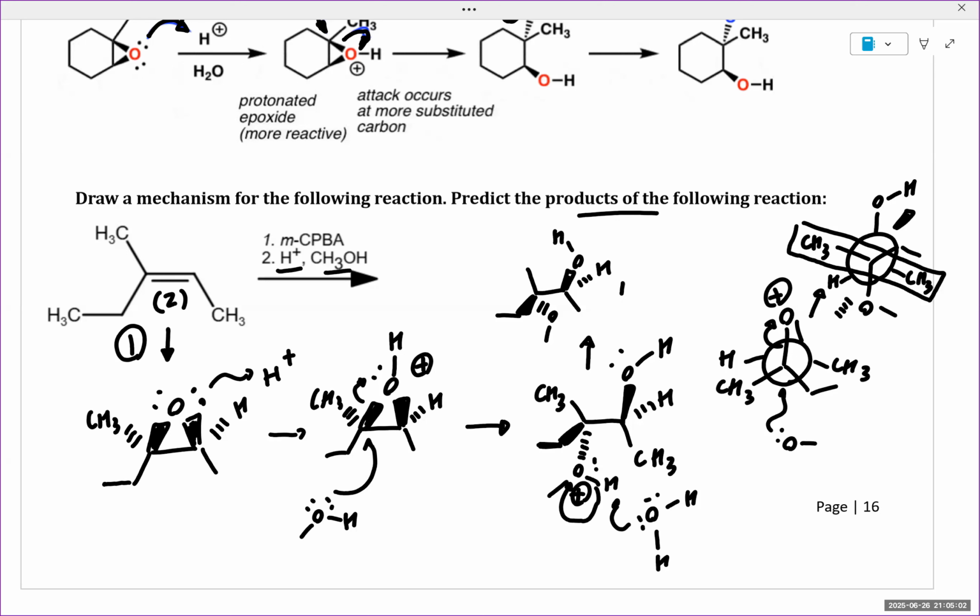And our final product, we also generate along with its enantiomer. So in summary, you make your epoxide, the epoxide gets protonated, the epoxide is opened up from the opposite face to the epoxide on the most substituted carbon, and that in turn gives us the anti-addition product.